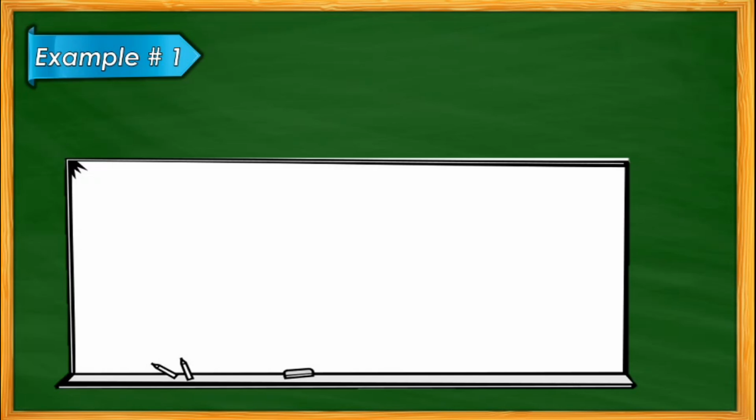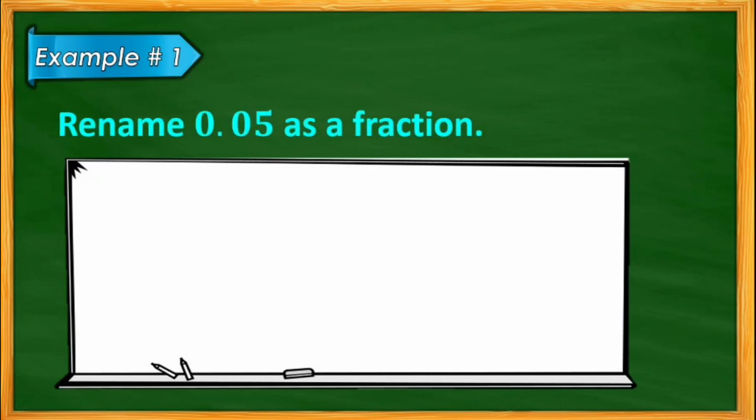Okay, let's have some more examples to further analyze how to rename decimal to fraction, or to change decimal to fraction. Okay, so 0.05, or 5 hundredths. So we're going to write 5 as the numerator. And then 5 hundredths is in the hundredths place because we have two decimal places.